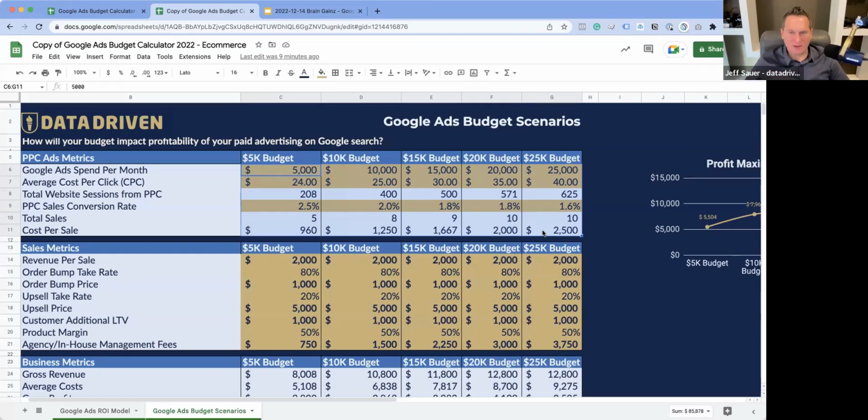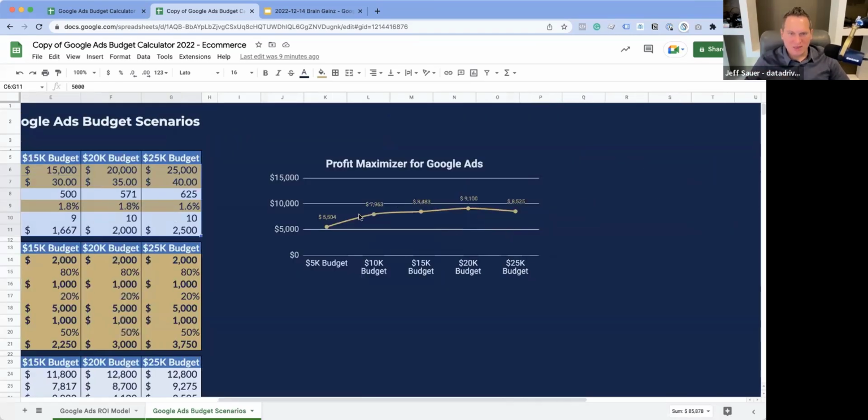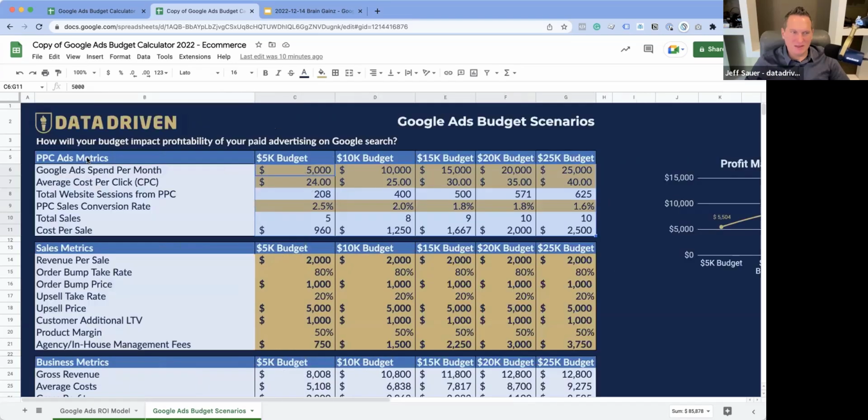So that's why I created this version here, because one, it looks proprietary if you have your own version of it, right? If you do this, people's minds will be blown when you show them your own profit maximizer. The second thing is the one in Google only factors this top line.